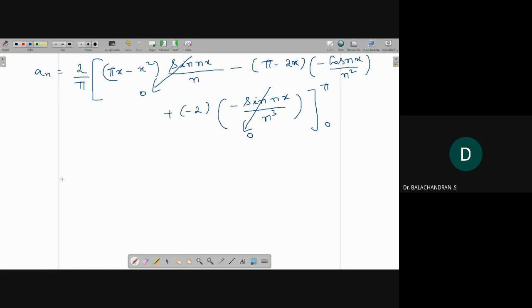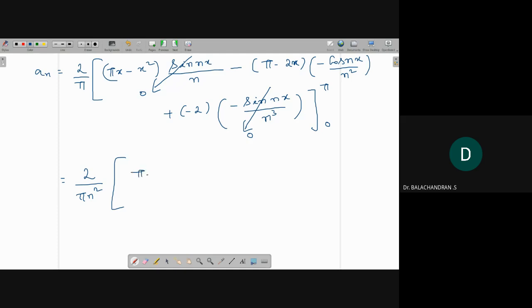So this is equal to minus of minus, plus 2 by pi n square. Okay, upper limit: when x is equal to pi, you have pi minus 2 pi, which is minus pi. Otherwise, I'll write one more step.